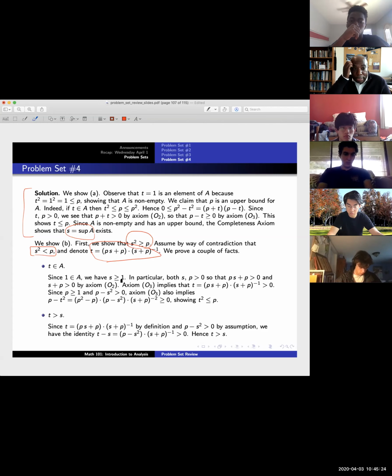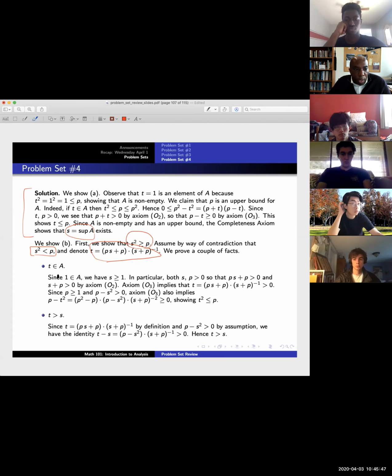Notice that this is exactly what we did in the last lesson. Intuitively, we're saying, if S squared is close to P, then this T squared better be even closer to P. That's the intuition here, because remember that we have this monotone increasing sequence. So again, we assume S squared is less than P, and let's define T in this way.